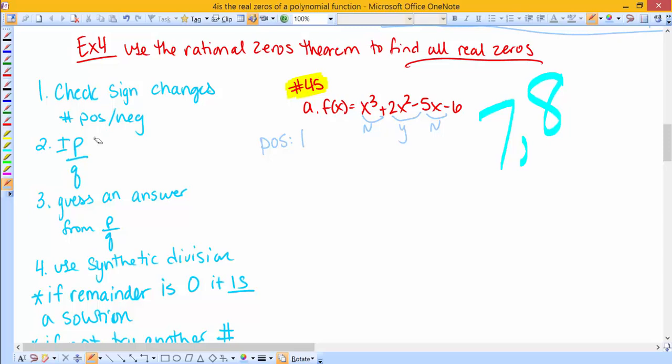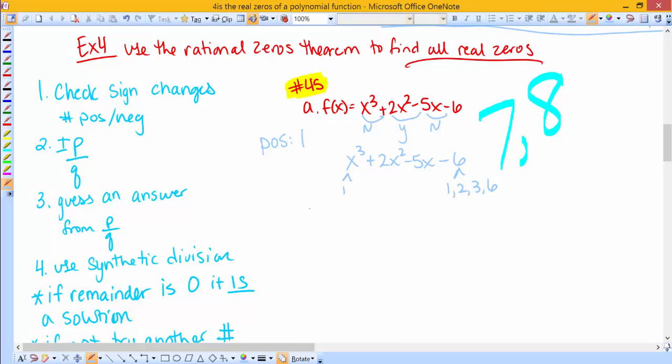So now I'm going to list my P's over Q's. So my P's come from the last term. So what divides? Let me rewrite this. What divides into 6? 1, 2, 3, and 6. What divides into 1? 1.